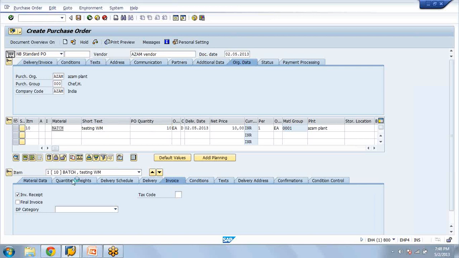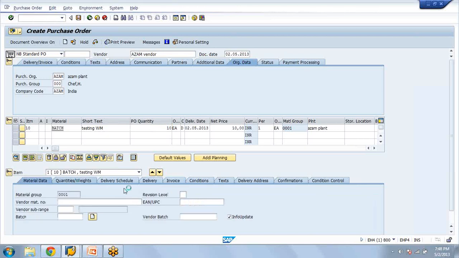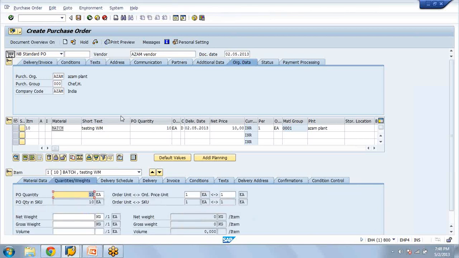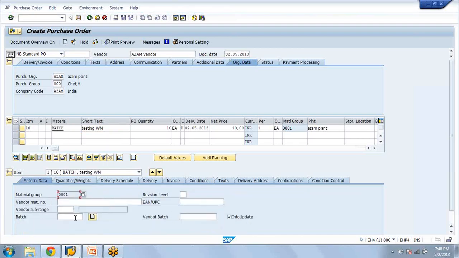There are different kinds of issues you'll get if you work on any client systems, right? For example, I have done some batch determination now, so you don't need to do the batch management configuration again. If you want to run this process, directly take this material, maintain it in your plant and warehouse, and just run it.